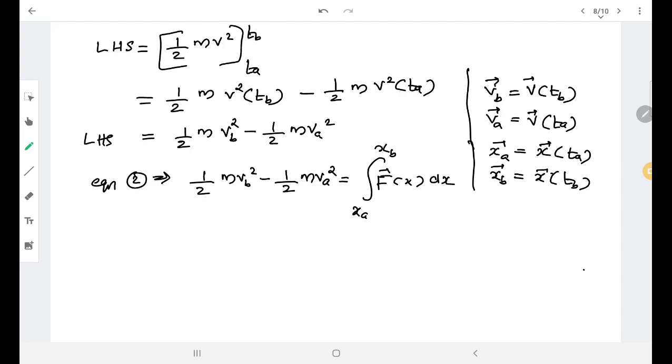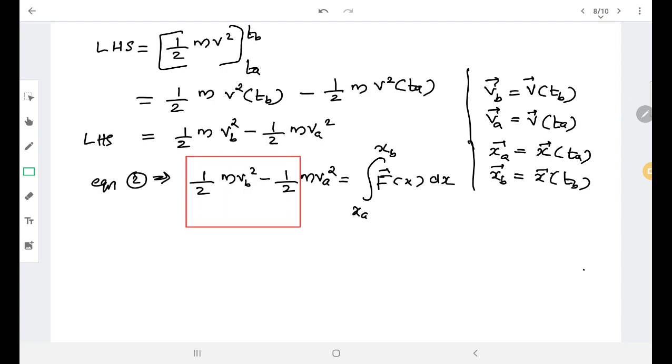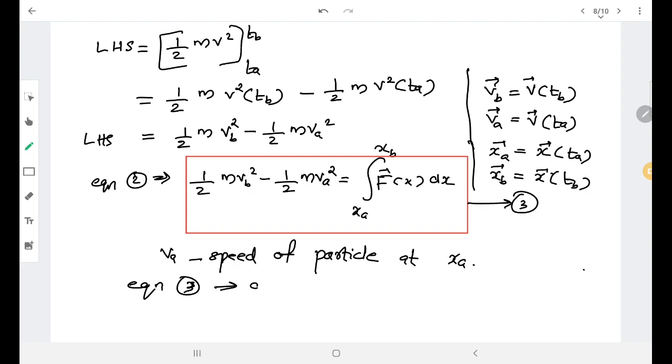This is the integral form of the equation of motion, the general equation of motion in one dimension, and let this be equation number 3. Here va represents the speed of the particle at position xa. So we can say that equation 3 gives velocity as a function of x.